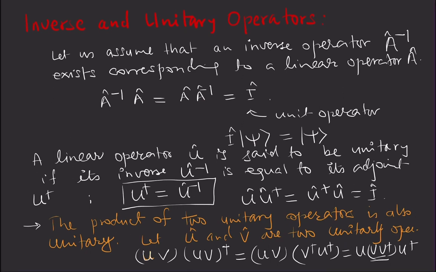Therefore, this is equal to identity operator. So the product of two unitary operators is also unitary. Therefore, UV dagger is equal to UV inverse.